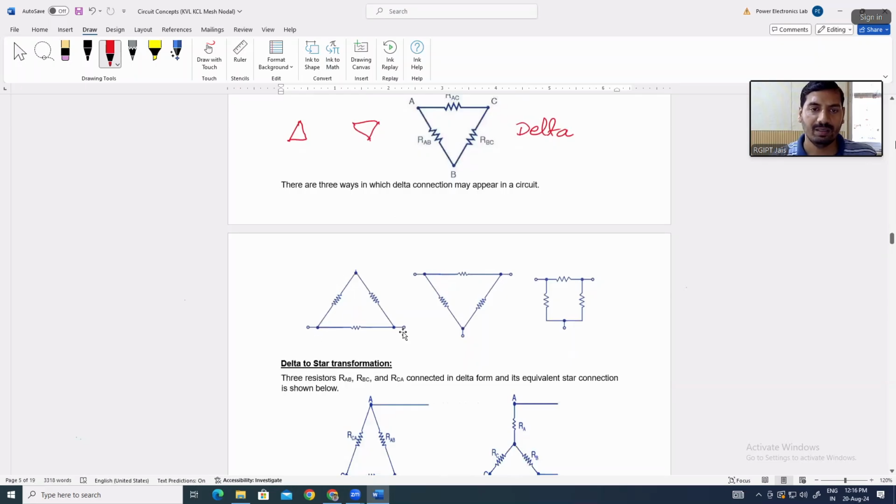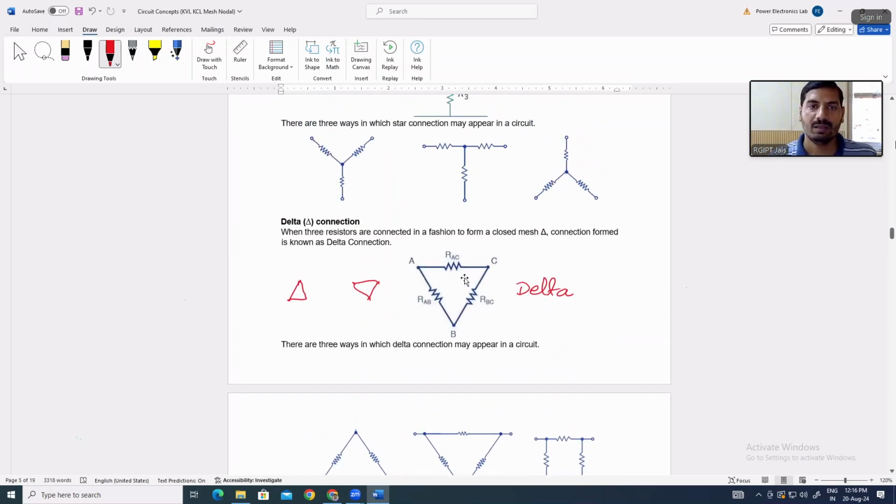Delta can be this type, or this is also a delta connection, where you can see three terminals are separately given. In this delta connection, there are three end terminals named A, B, and C.